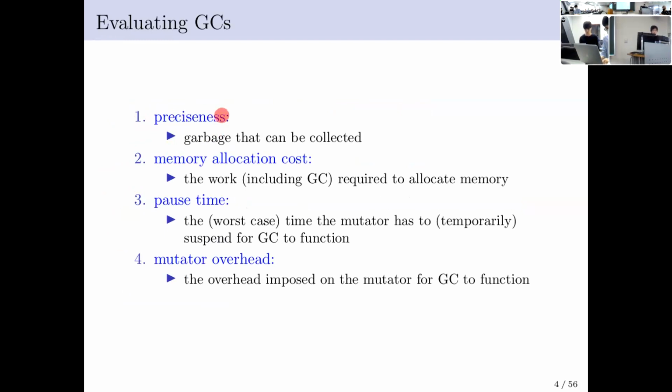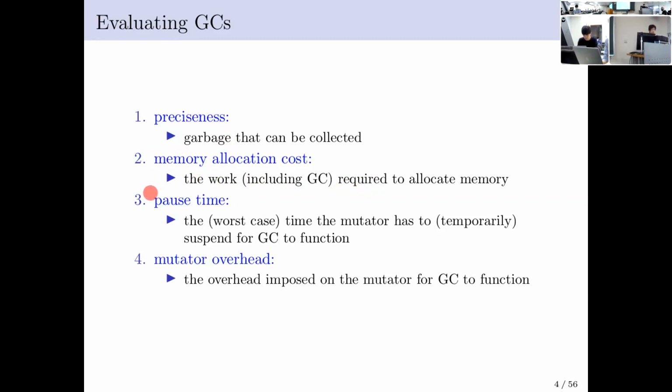One is something called preciseness: how precisely each memory management scheme is able to identify garbage. Second is memory allocation cost, the work required to allocate a unit amount of memory. Obviously, this is in a way the most basic and most important performance criterion.